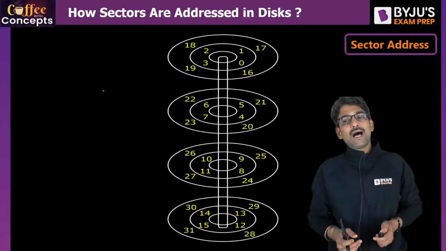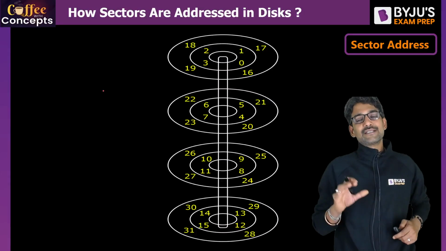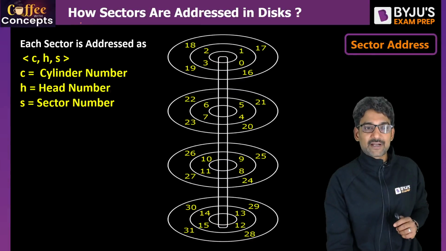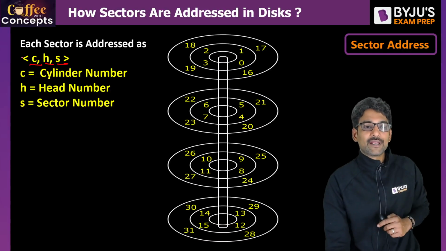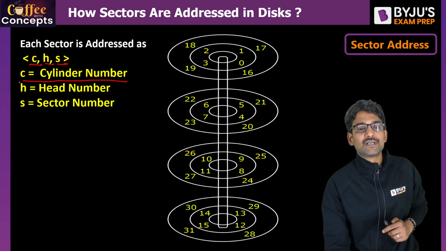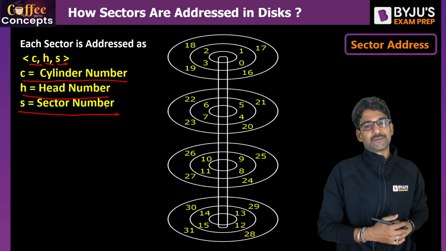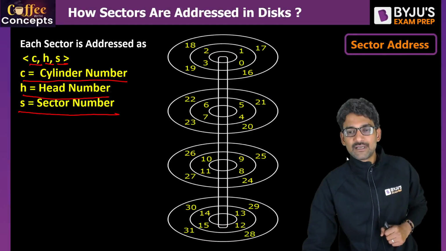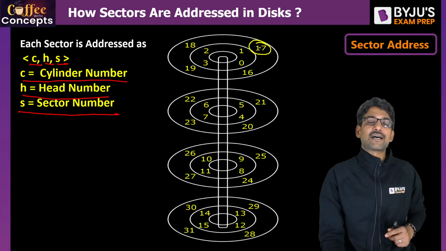Now, how would the address finally be? Any sector address is represented with 3 parameters C, H, S, where C means cylinder number, H means head number, and S means sector number. For example, I would like to give the address for sector 17 here.